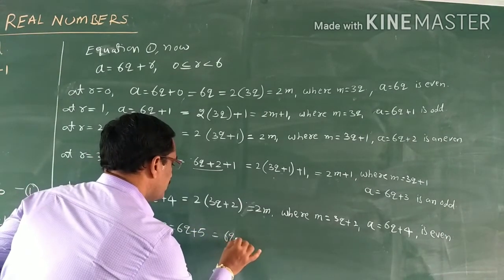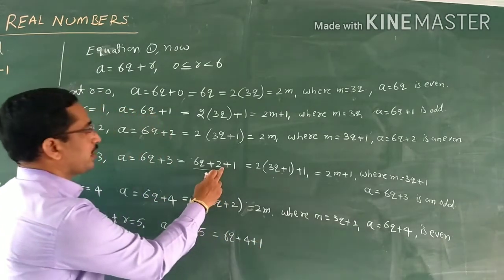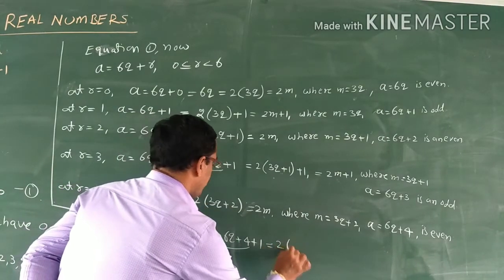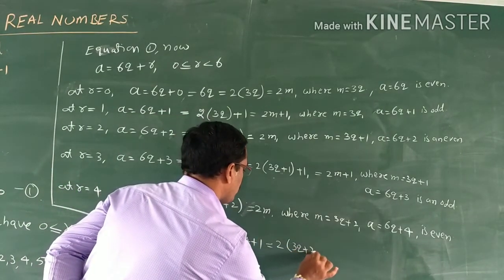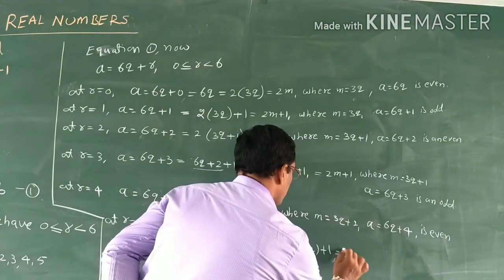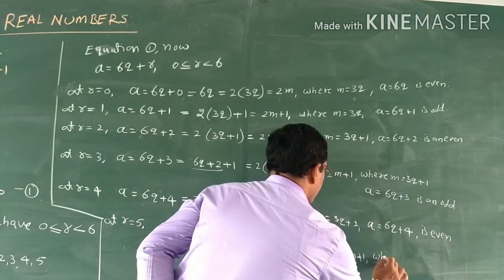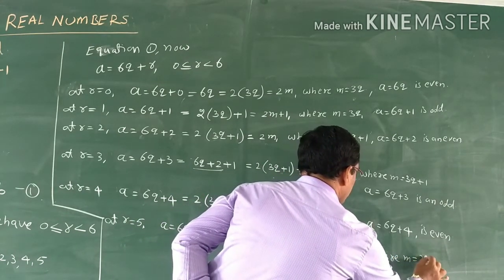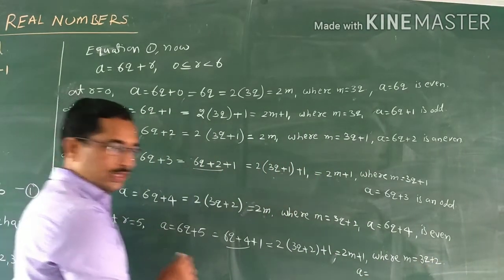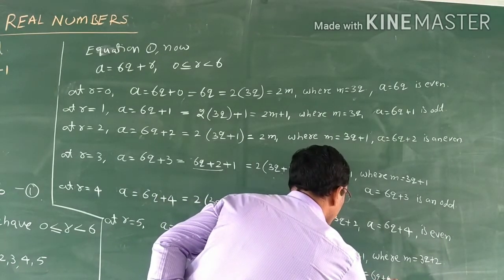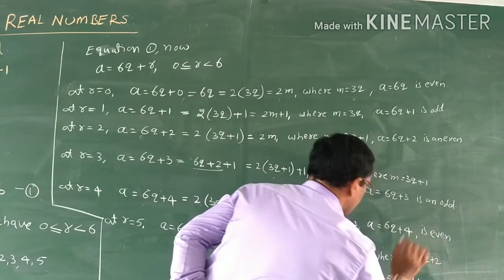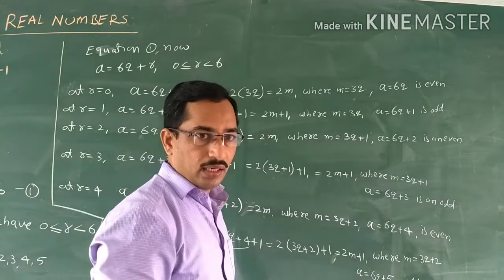We have to write 6q plus 4 plus 1 in the same model. From 6q plus 4, take 2 common, the same previous step, 3q plus 2, plus 1. Same here also, 2m plus 1, where m equal to 3q plus 2. Then a equal to 6q plus 5 is 2m plus 1, an odd number. So 6q plus 5 is an odd number.